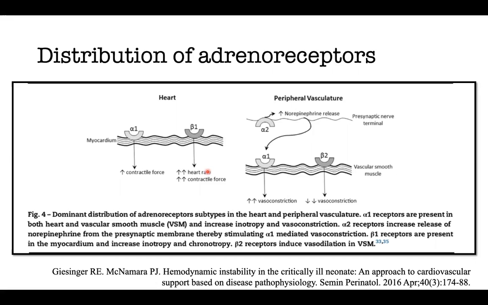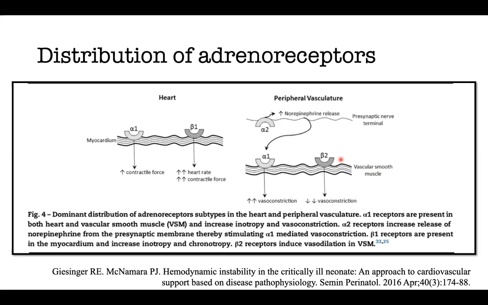In the heart, you should be very clear, you have alpha 1 as well as beta 1. Alpha 1 is inotropy, beta 1 is inotropy as well as chronotropy. In the peripheral vasculature, the vasoconstriction is mediated by alpha 1. So alpha 1 is present in the heart as well as the peripheral vasculature, wherein it causes vasoconstriction.